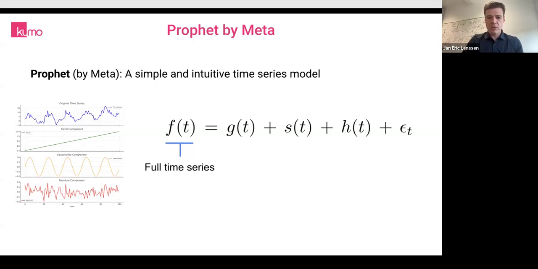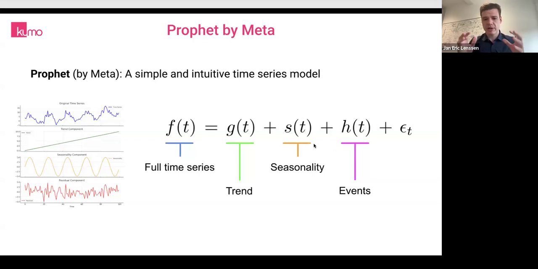And then it decomposes it into individual functions, the trend function g, the seasonality function s, also an event function, which can, for example, model holidays, and then one residual value, which contains all the rest. Now, these individual functions here, they are all modeled using explicit parameterized functions. So you define a family of functions that has parameters that you need to find in order to fit your past time series.